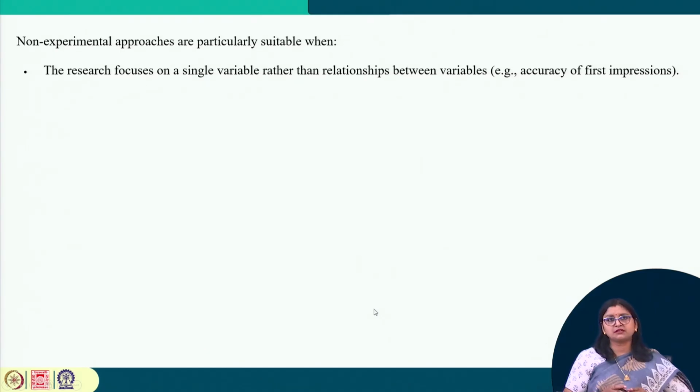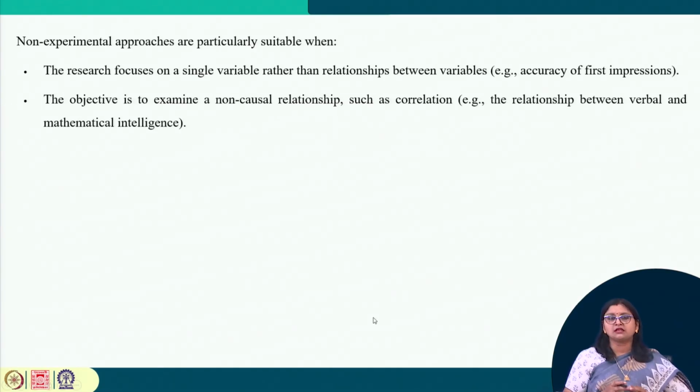Non-experimental research is particularly suitable when the researcher focuses on a single variable rather than relationships between variables, like the accuracy of first impressions. Another case is when the objective is to examine a non-causal relationship such as correlation, for example the relationship between verbal and mathematical intelligence.